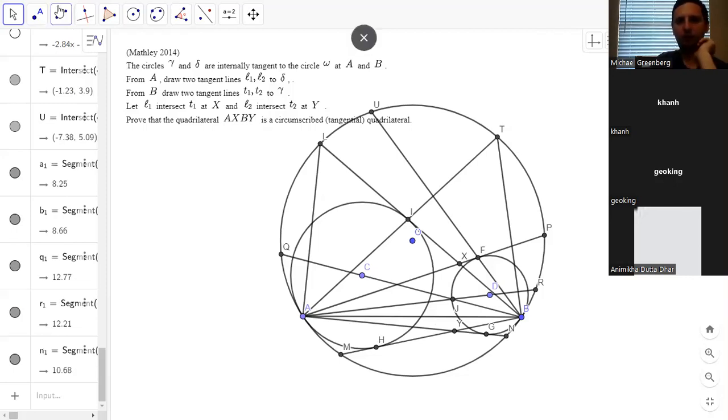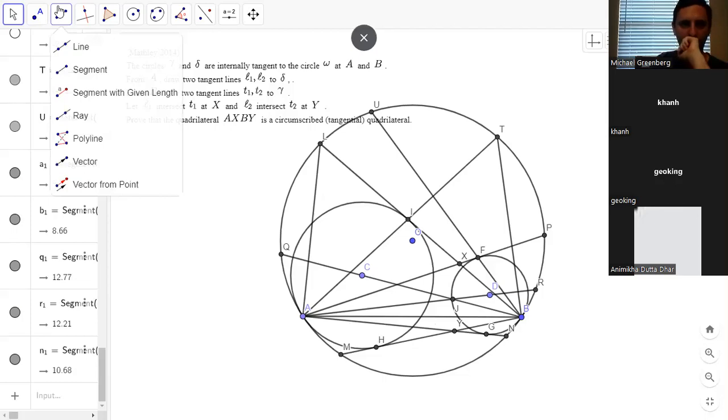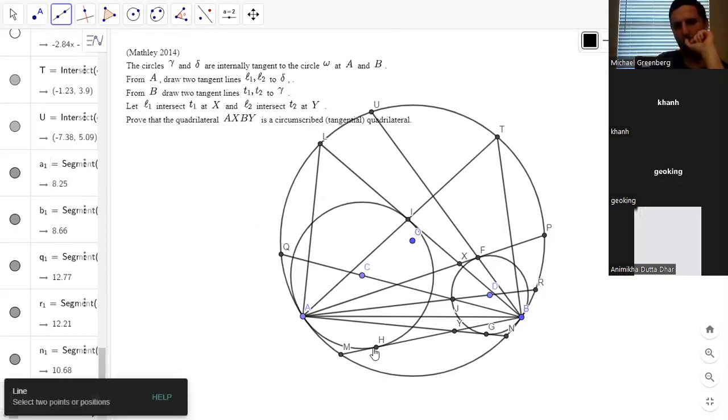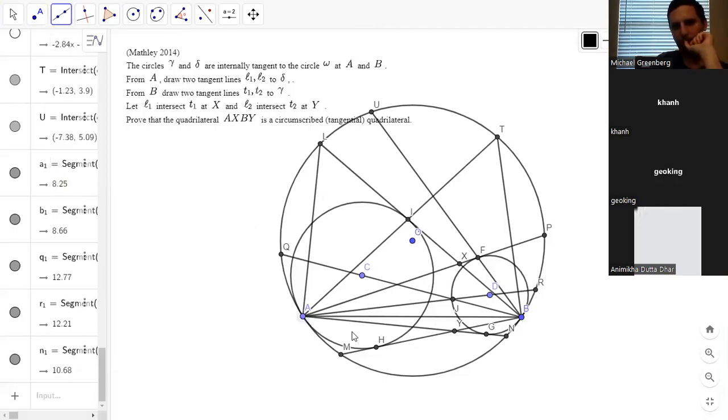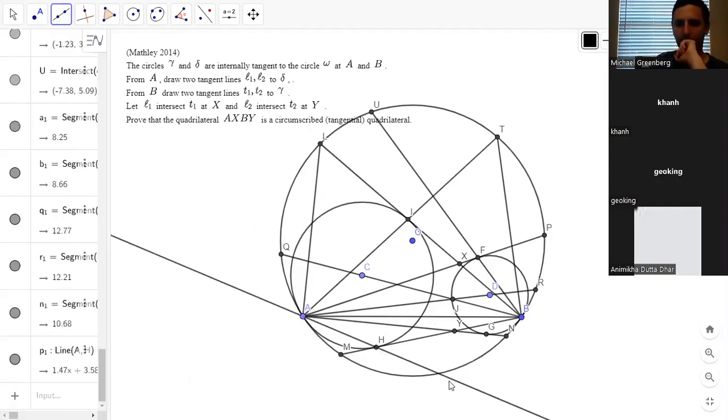So maybe we could also draw AH. And that has to be the midpoint of arc BM, right?